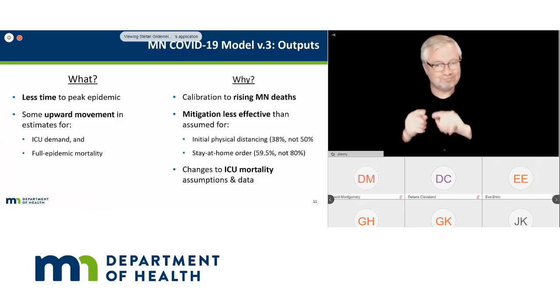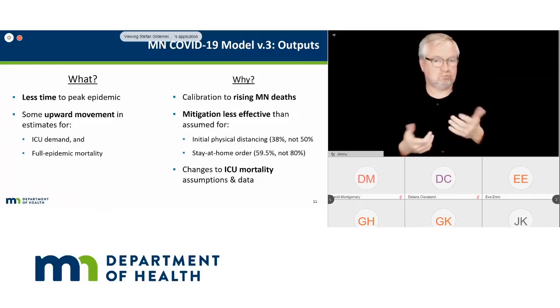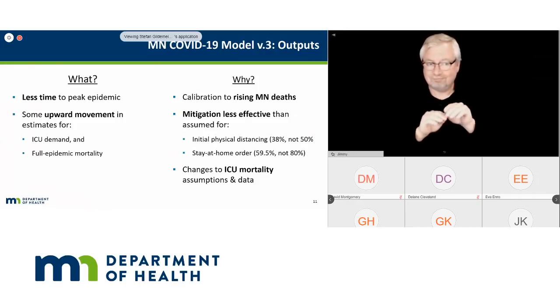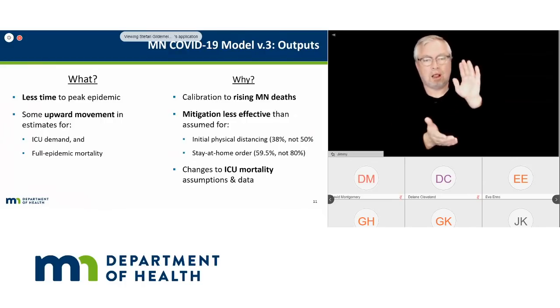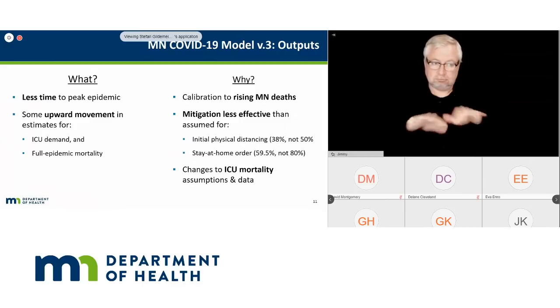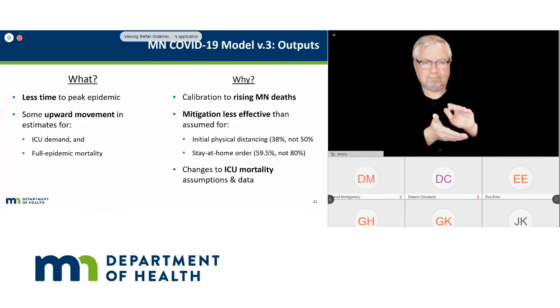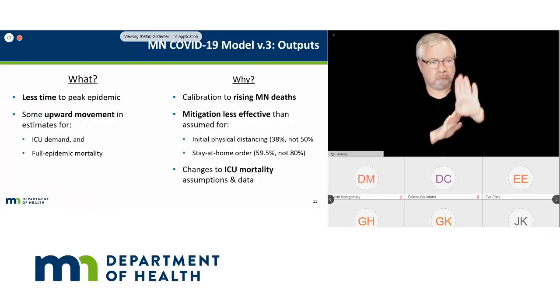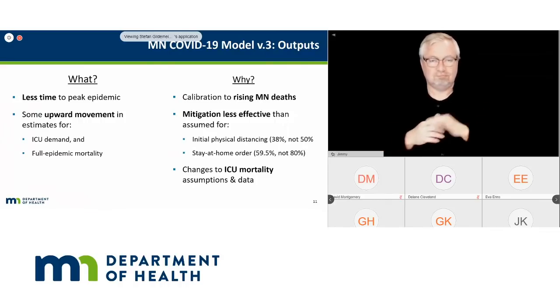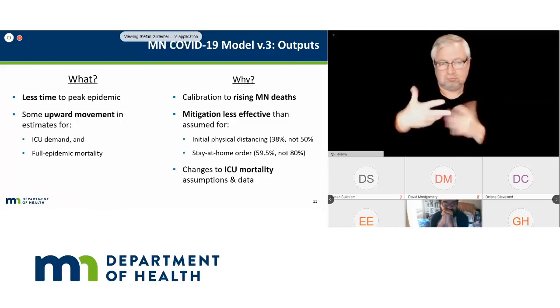Generally on the outputs, what we are seeing is there's less time to peak epidemic, and there's some upward movement in our estimates for ICU demand and full epidemic mortality. And what seems to be driving that? There are essentially three factors that interact to produce these outcomes.